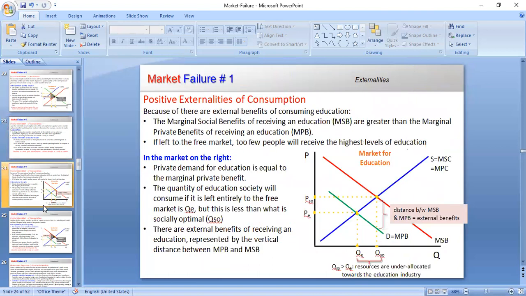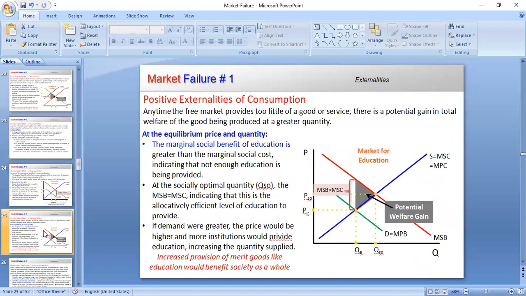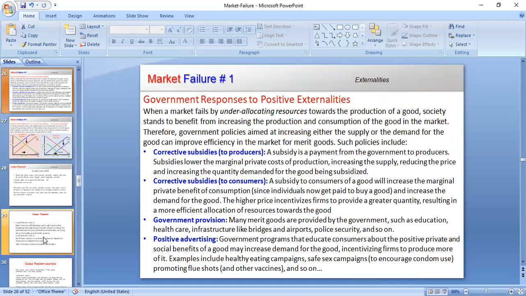So I think I've explained the diagrams where we saw positive externality of consumption is, for example, the market for education. We've seen that. And then let us see other responses to how the government responds to positive externalities.